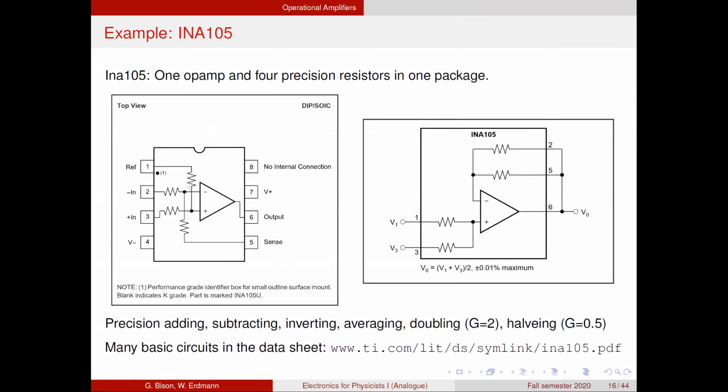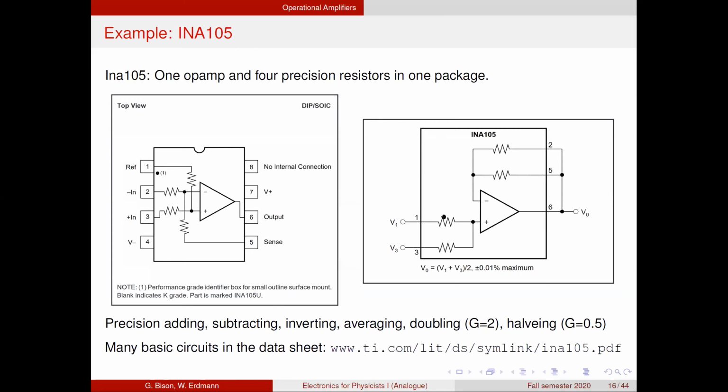And now simply by connecting the outputs of this chip in different ways, you can realize really different functions. So for example, you can add, subtract, invert, average, double, half, and many more things, and they are all described in the datasheet of the INA 105 that you can find here.